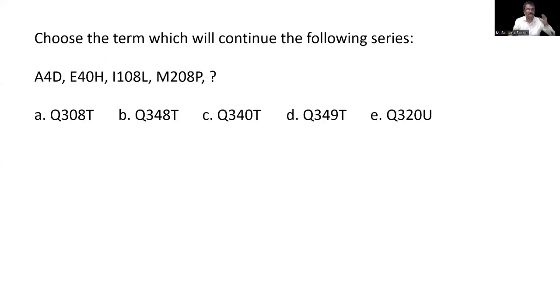Next one. A4D, E40H, I108L, M208P. A is the first letter, D is the 4th letter, E is the 5th letter, H is the 8th letter, I is the 9th letter, L is the 12th letter, M is the 13th letter, P is the 16th letter.